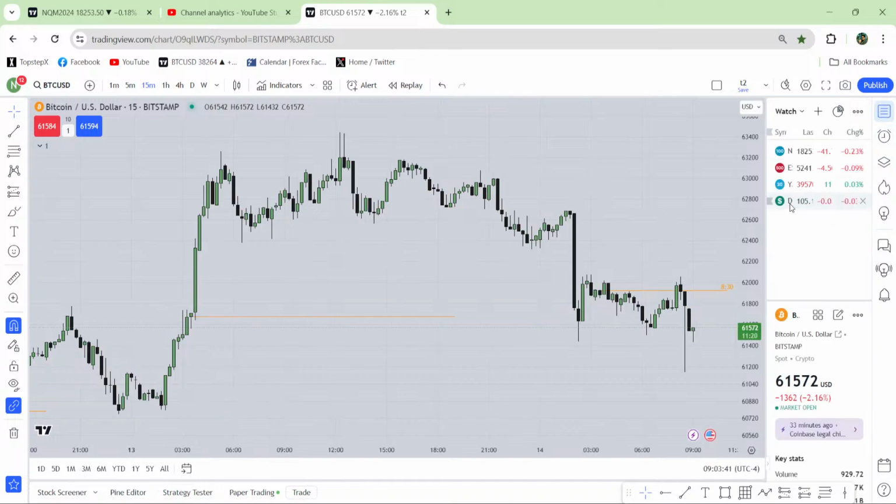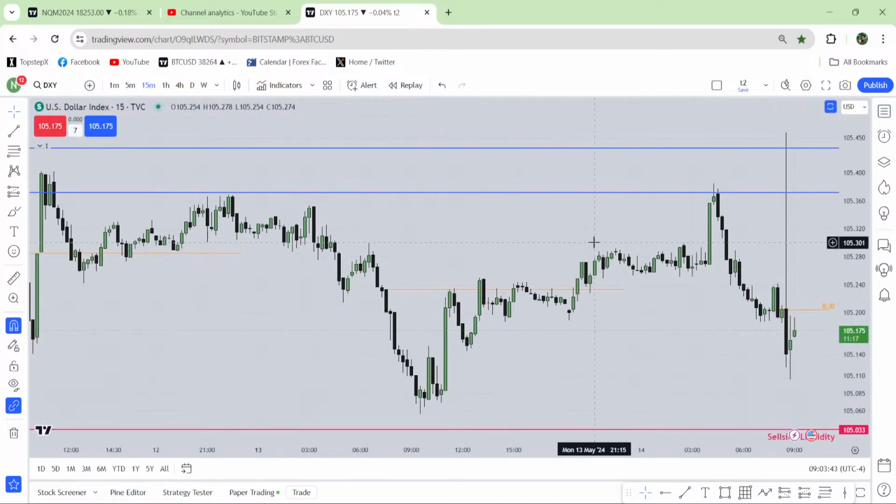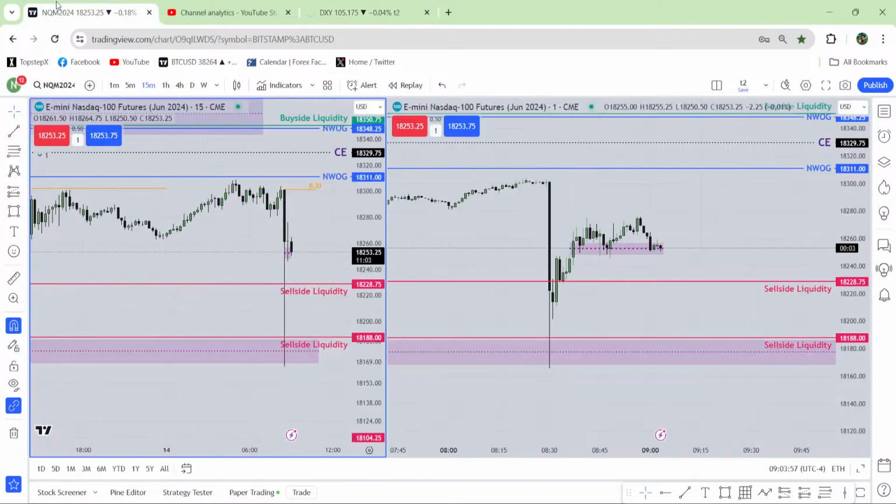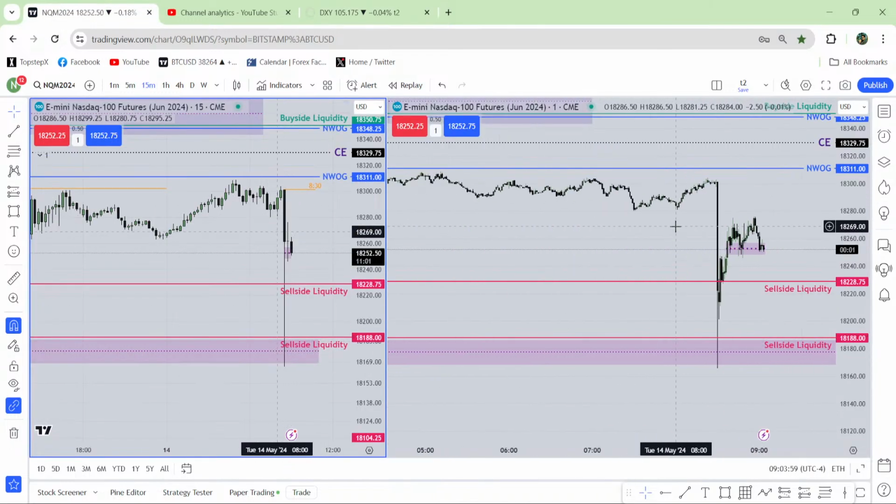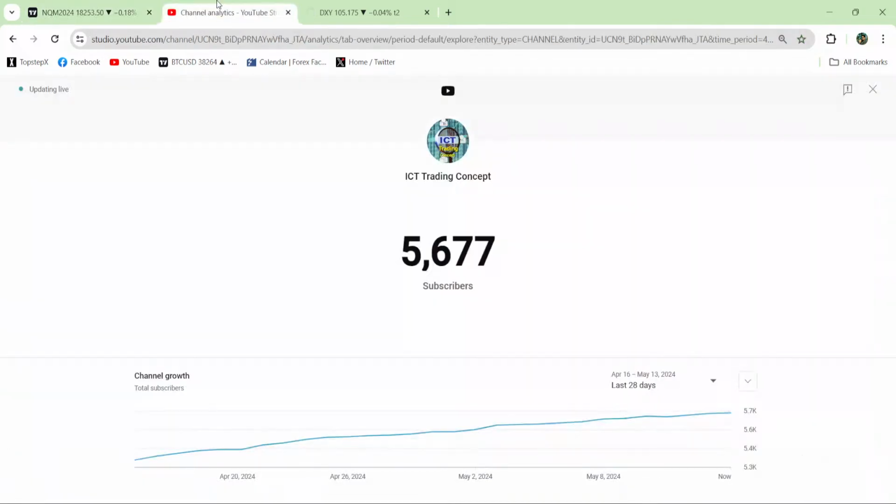Is there any problem with dollar index? I don't know why, but this dollar index is actually not working. You can see it's just getting frozen. Now it is also not working. Is anyone facing the same problem? I don't have any problem in Nasdaq or any other tab, but whenever I open this dollar index, it just freezes. If anyone has any idea, please let me know why it happens like that.